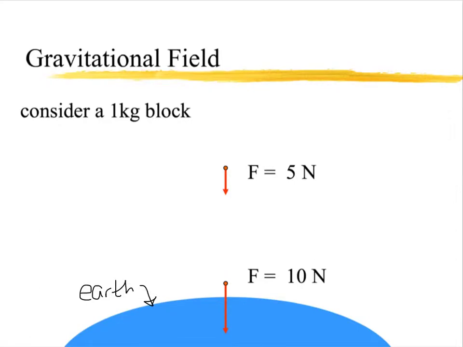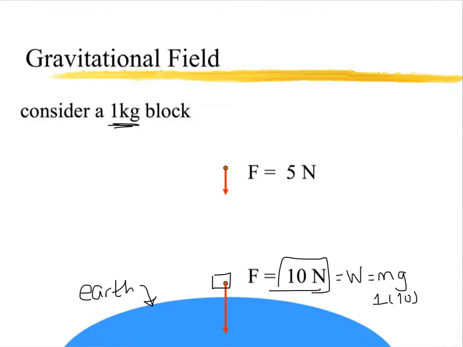down here, and we know that close to the Earth, a 1 kilogram block will have a force of about 10 newtons because the force on the block due to the Earth would be the weight, which is equal to mg, and g is approximately 10. So 1 kilogram times 10 meters per second squared would be 10 newtons.